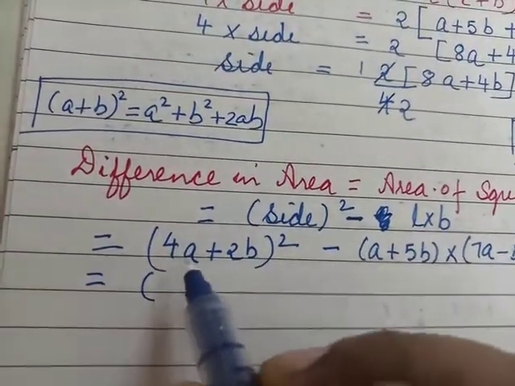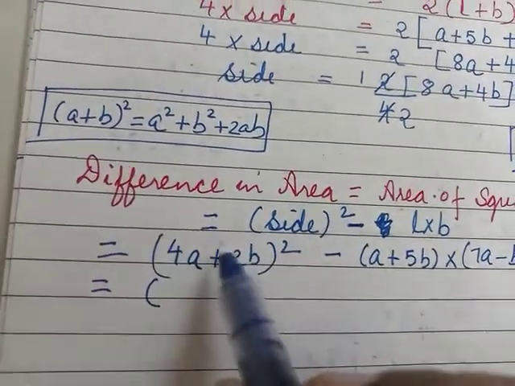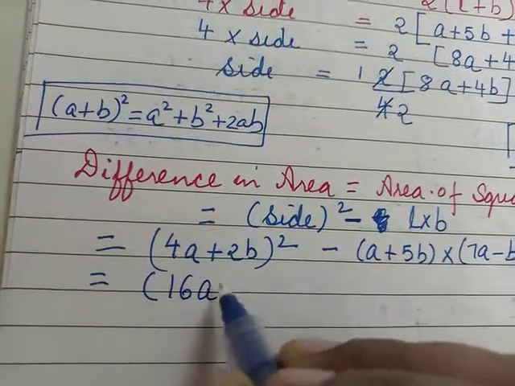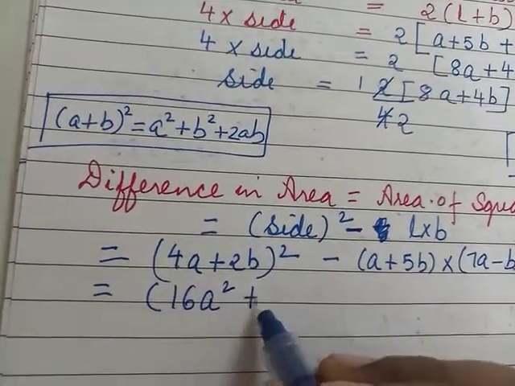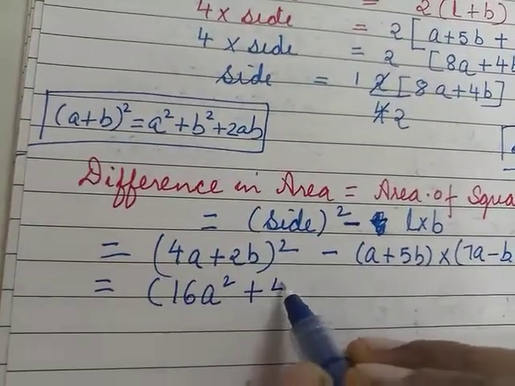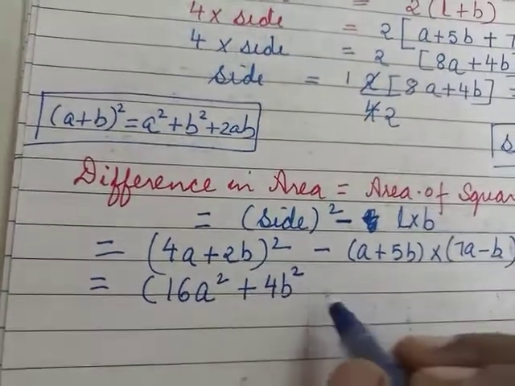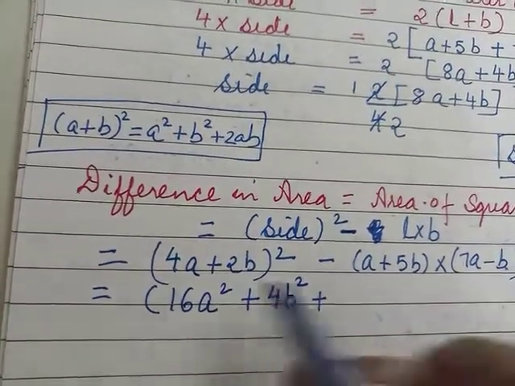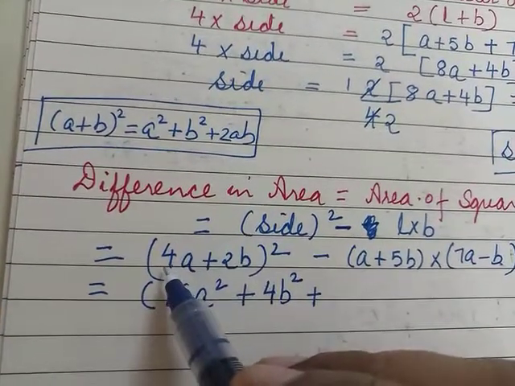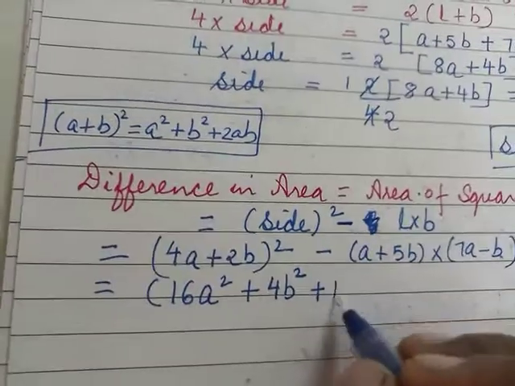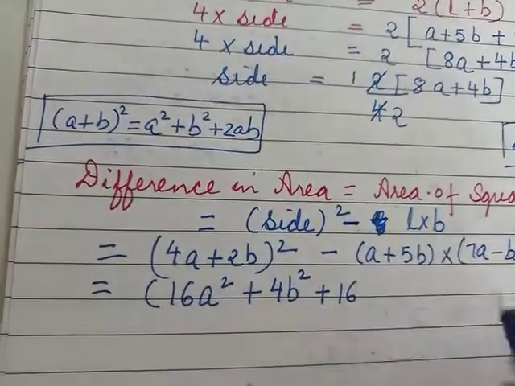So I apply the identity: the square of the first term will give you 16A square. Square of the second term, that is 2B, 2 square is 4, B square is B square. Now plus sign is here, so I write plus. 2 into 4 will give you 8, 8 into 2 will give you 16. A into B will give you AB.